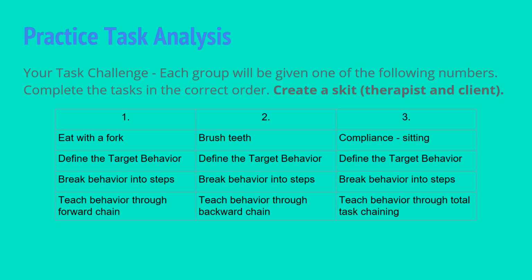Number 2 includes brushing teeth, defining the target behavior, breaking behavior into steps, and teaching behavior through backward chaining. Number 3 includes compliance, sitting, defining the target behavior, breaking behavior into steps, and teaching behavior through total task chaining.